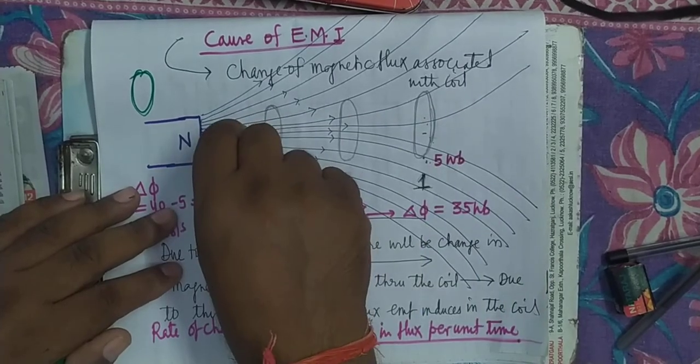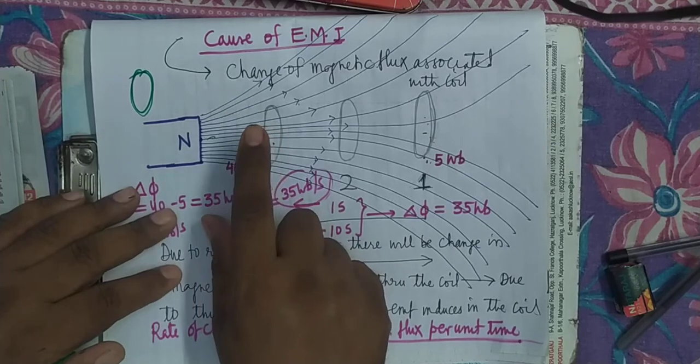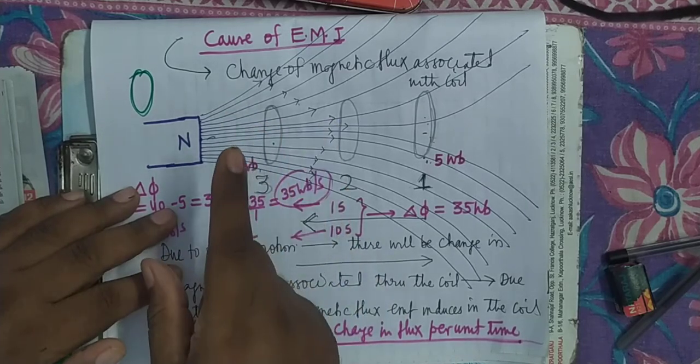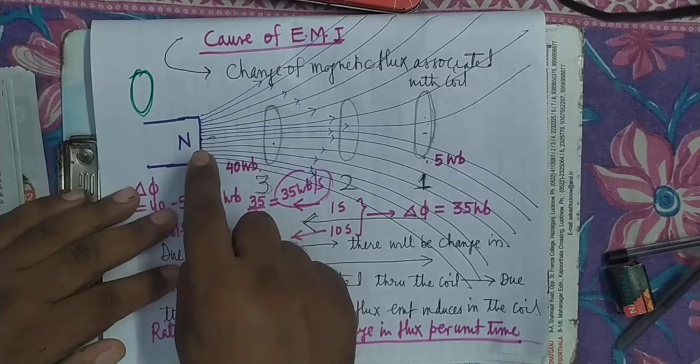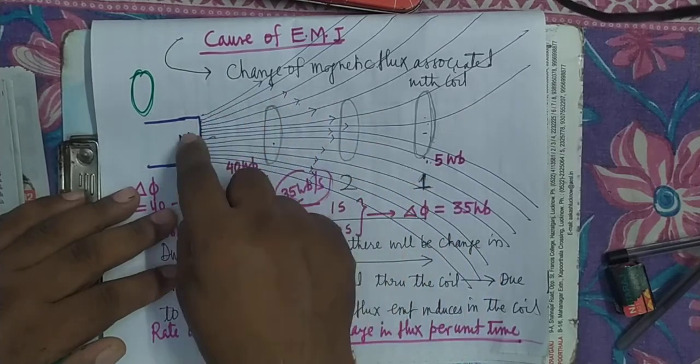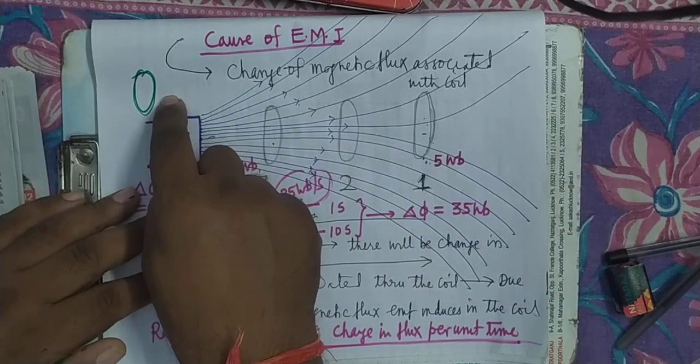So the induced current will produce its induced flux opposite to this, so that it can decrease the increasing flux. Because a current carrying coil produces a magnetic field. It is running in this direction, it will produce in this direction.